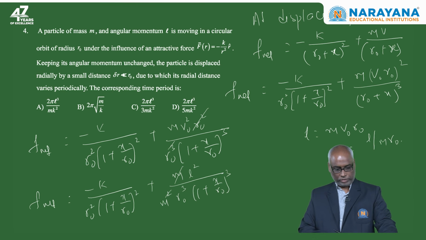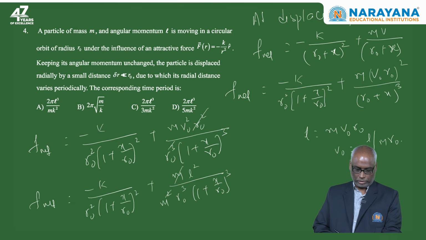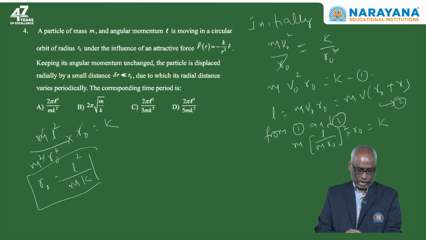Now, already I have got a relation between r naught and k. In the earlier slide, r naught is equal to L square divided by mk.